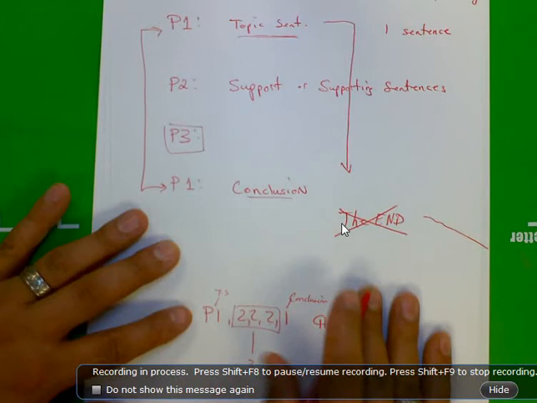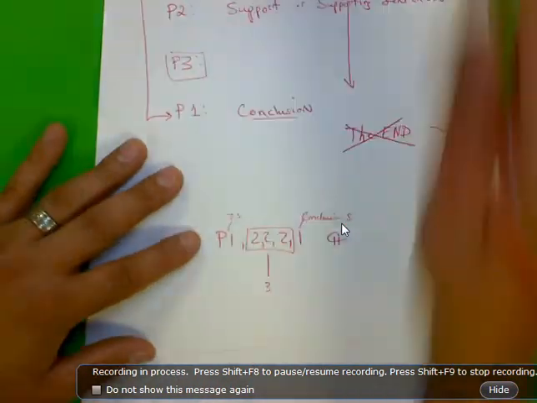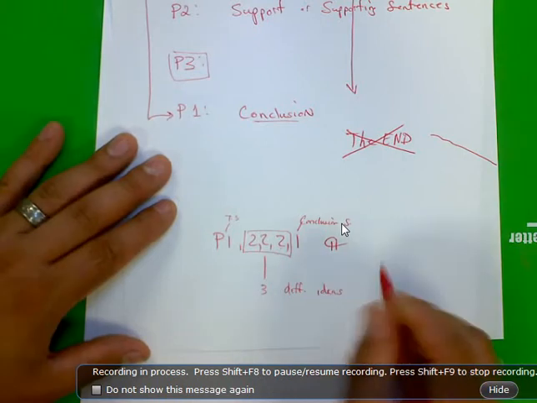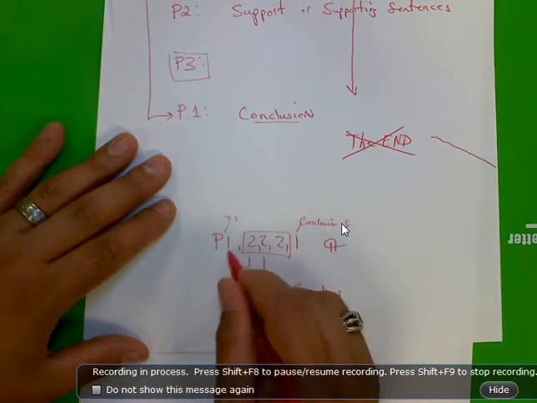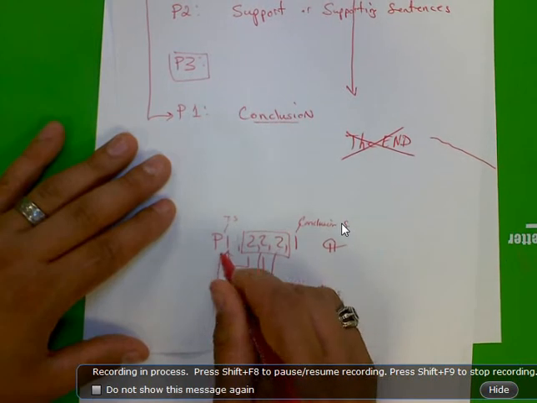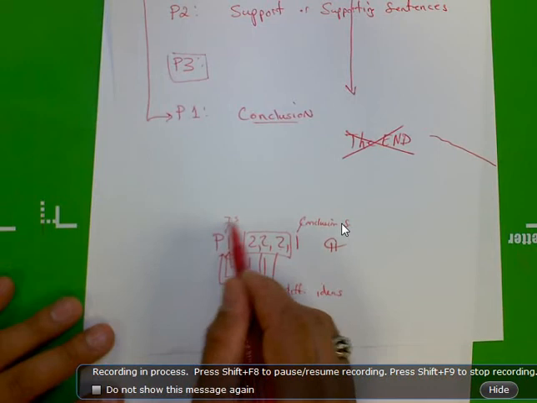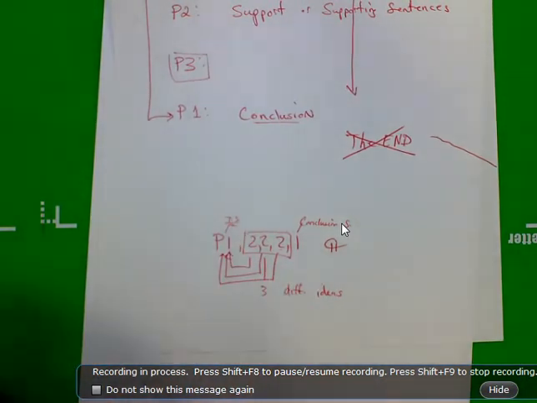All of these have to somehow go back and prove or support or say something extra about what our topic sentence brought up in the first place.